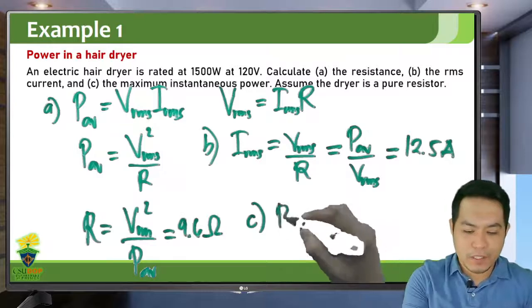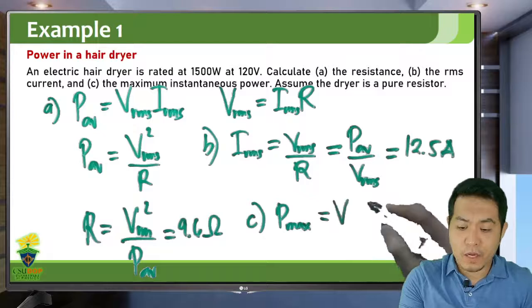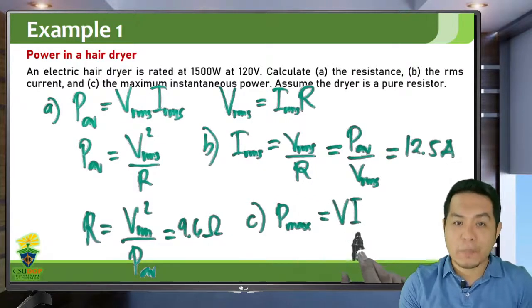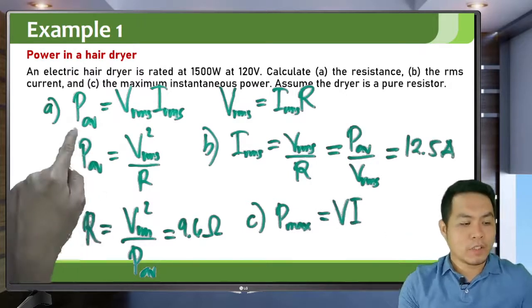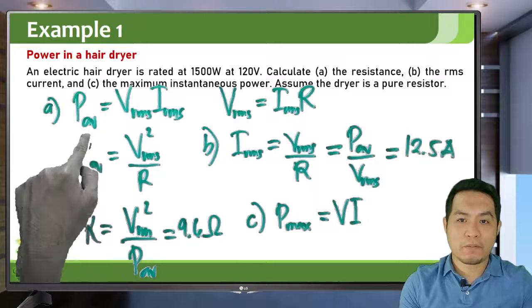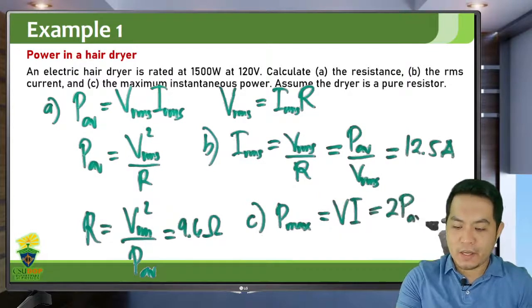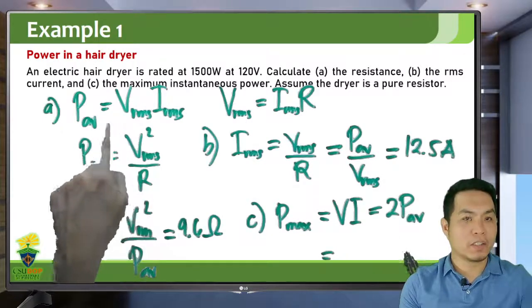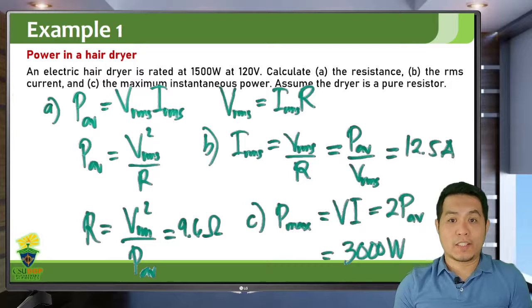The last question is, what is the maximum instantaneous power? The maximum instantaneous power is V times I, the maximum voltage times the maximum current. But take note, the average power is actually 1/2 V times I. Therefore, V times I is twice the average power, so the maximum power is twice the average power. In this case, the average power is 1500, so the maximum power is 3000 watts.